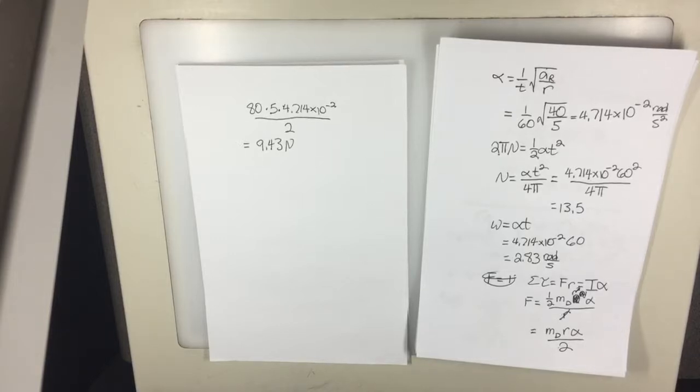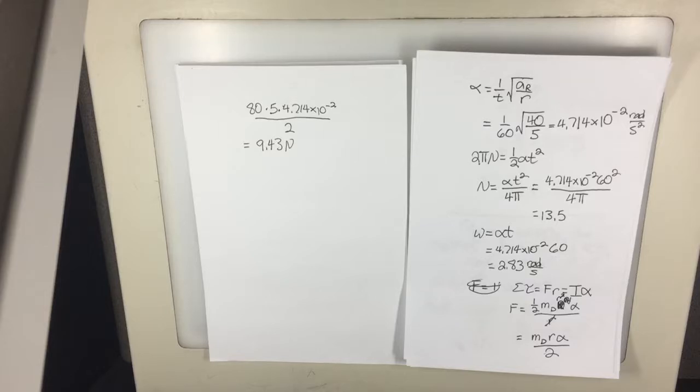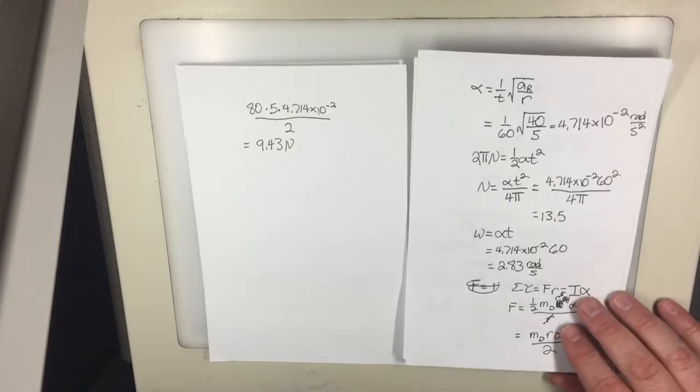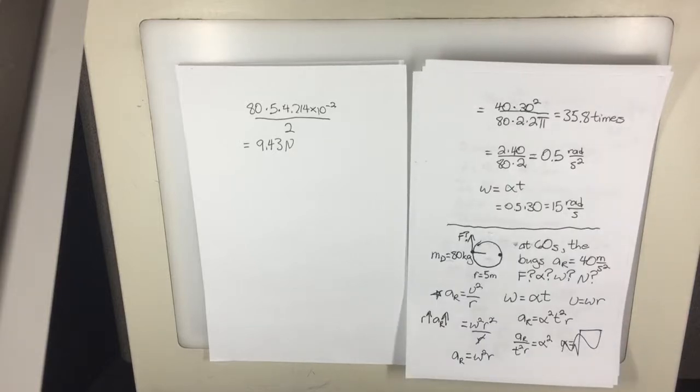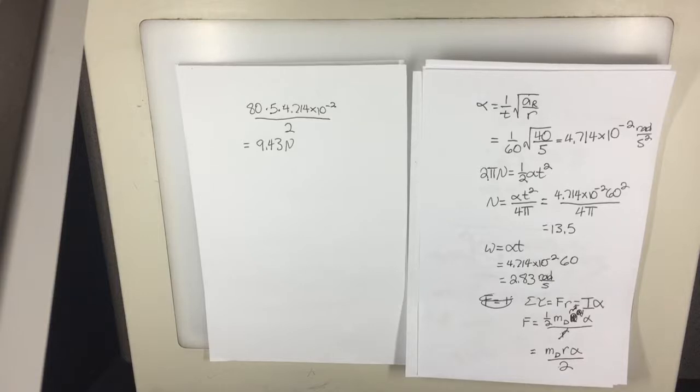And so that is the force of the rocket. So if that 9.43 Newton force rocket pushes for 60 seconds, the bug will be experiencing a radial acceleration of 40 meters per second per second.